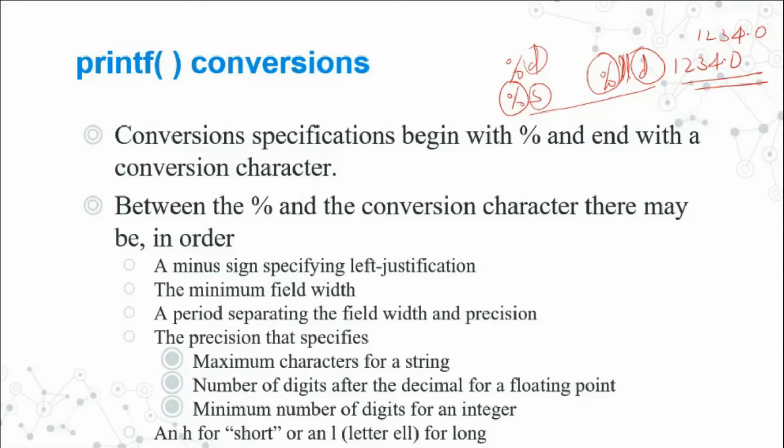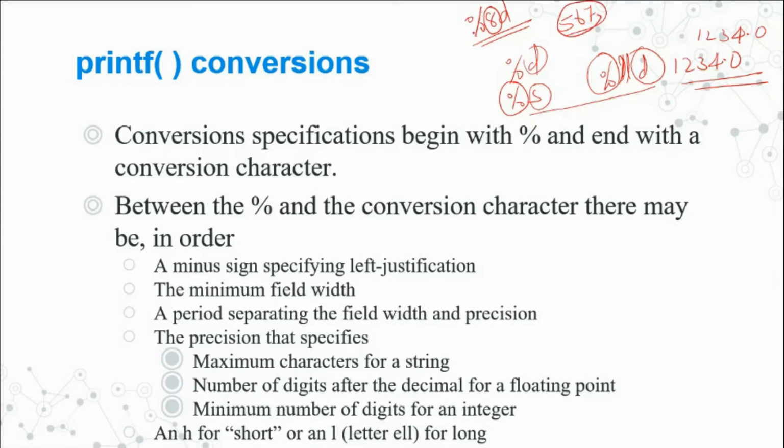Then the minimum width field can also be given. That is not necessary, but it can be given, like %8d. This means 8 spaces will be reserved for the value that is to be printed. So it can be an integer having only 3 digits, say 567.